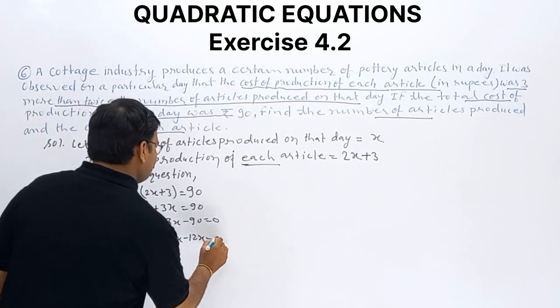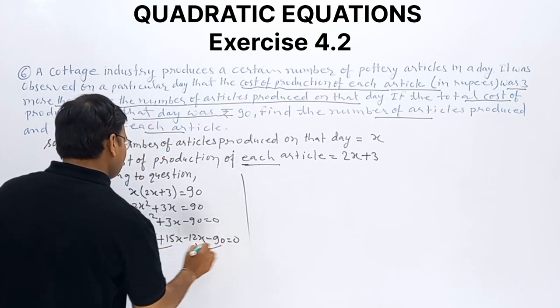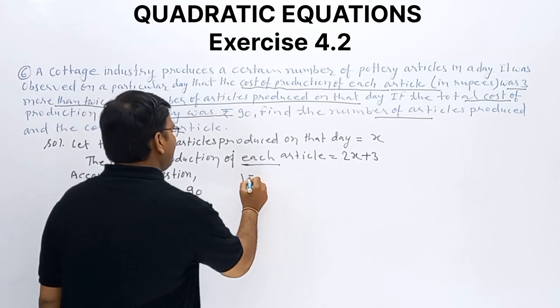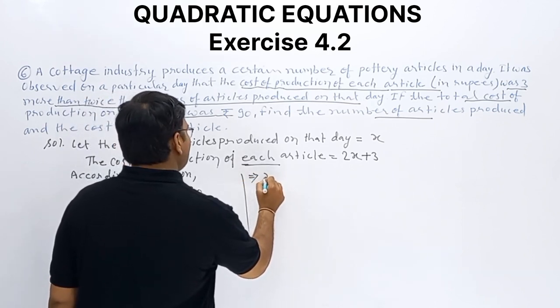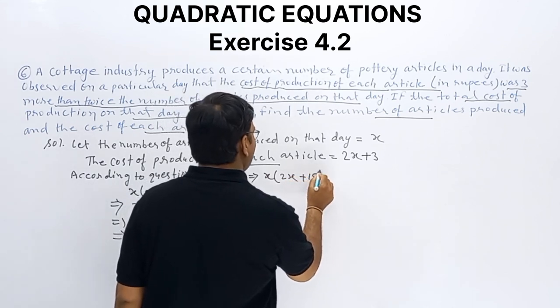Now 2x square plus 15x minus 12x minus 90 equal to 0. Take common in both pairs. x is common in the first pair, 2x plus 15 is remaining.